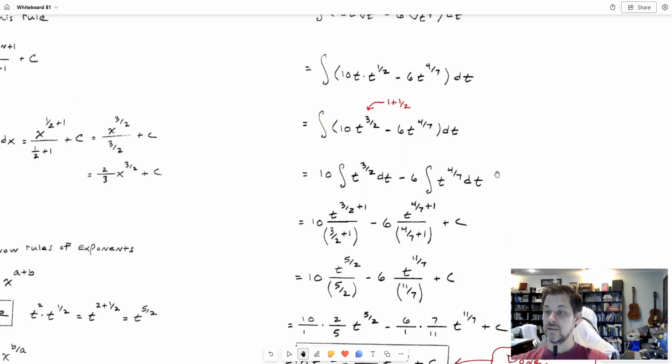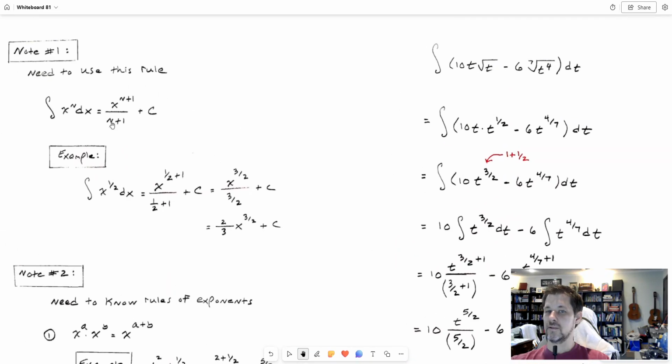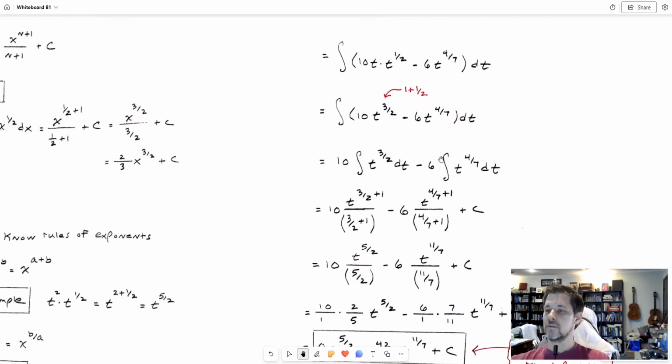Now it's at this point when I can use this rule directly. All right, so what does that rule say to do? It says, well, you see what the power is, 3 over 2 in this case, 4 over 7 in that case. I add 1 to the power, and I divide by that same number. Carry down the 10, carry down the minus, carry down the 6. Add the plus c, the constant of integration.